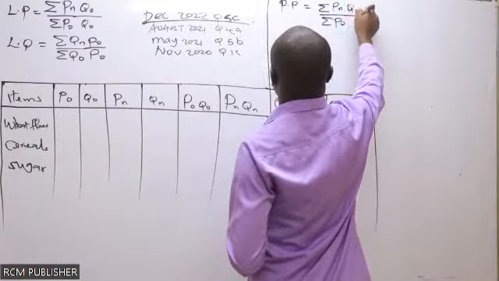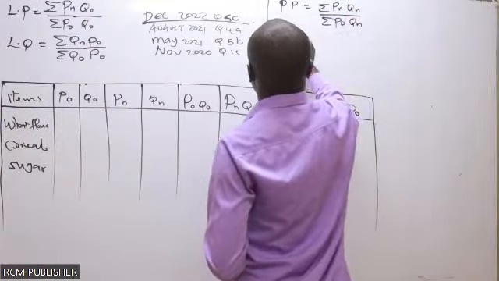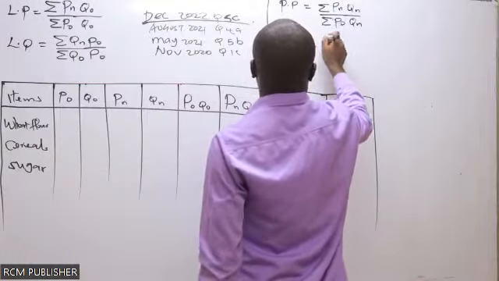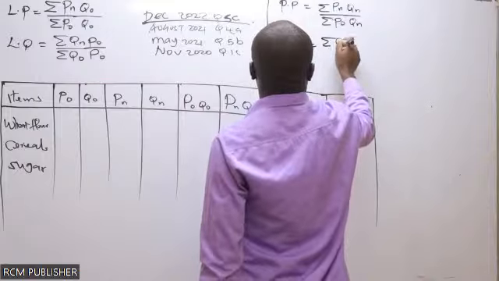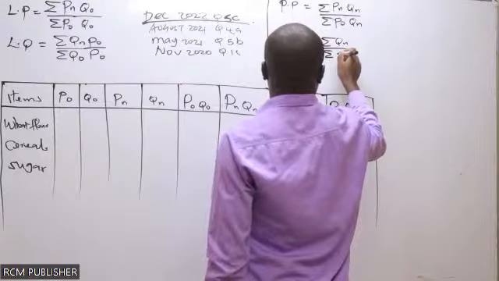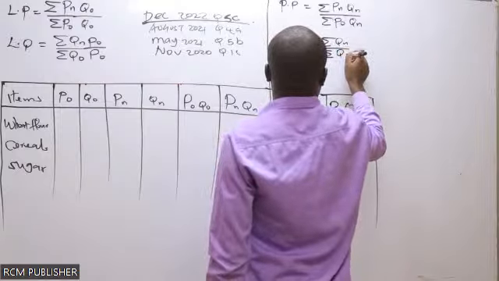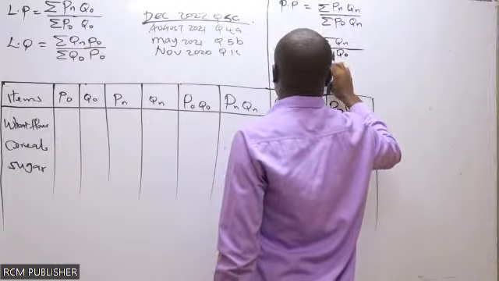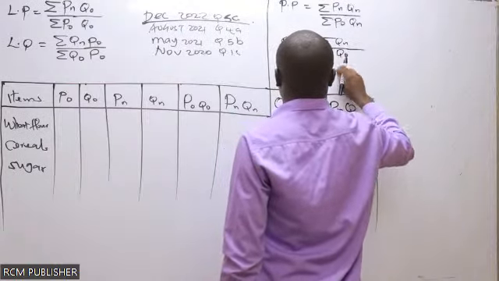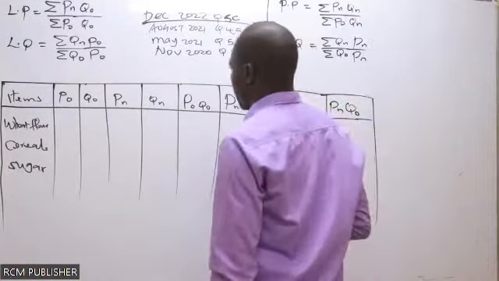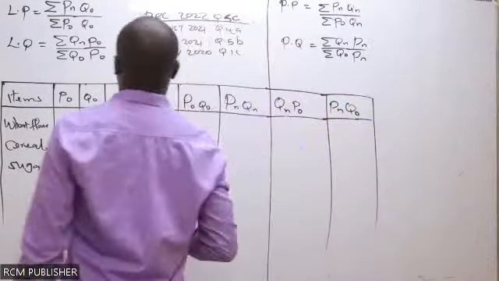We're going to have QN. We now want to get the quantity index, which is summation of Q of the current period over summation of Q of the previous period. We multiply by weight. That weight is going to be the price of the period of interest. That is what we need to know.